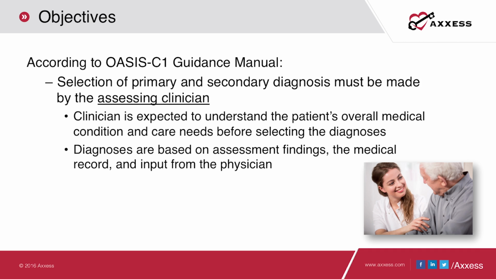Those names of diseases should be coming from your physician, and you should have the knowledge, having read through the documentation that you receive from your referral source or from the physician or facility's records, you should know what the primary reason that you're in the home for is. And once you know that, you can then sequence and apply the diagnosis names.